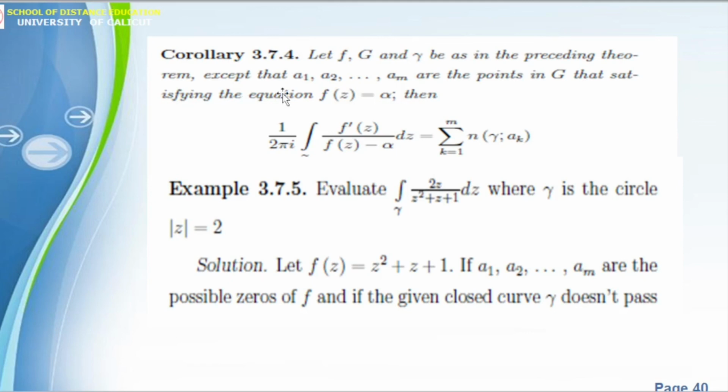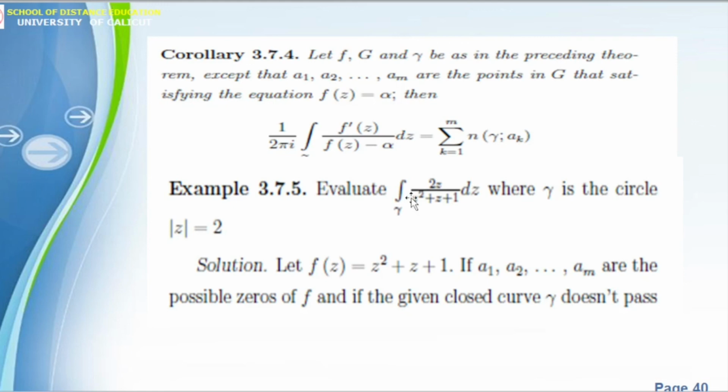Then, except at the points a1, a2, etc., am where f(z) = α, we have 1/(2πi) times the integral over γ of f'(z)/(f(z) − α) dz equal to the sum from k = 1 to m of n(γ; ak). Using this equation, we can do some examples.